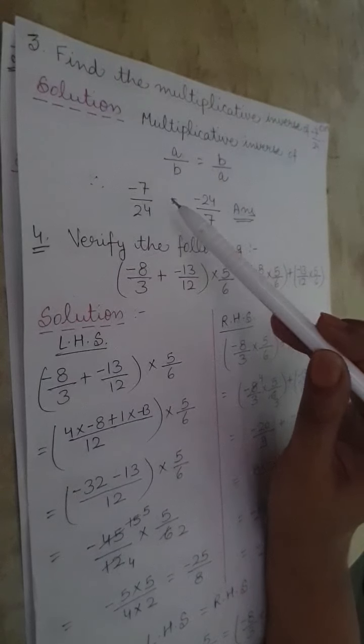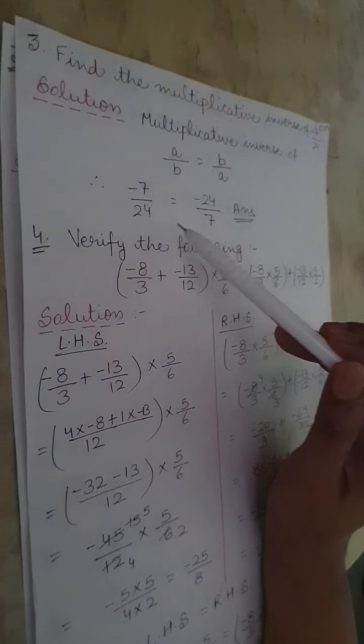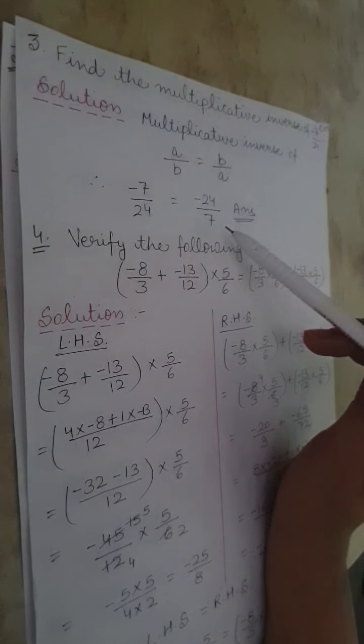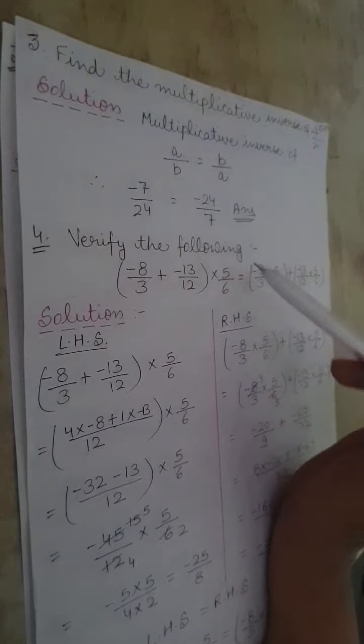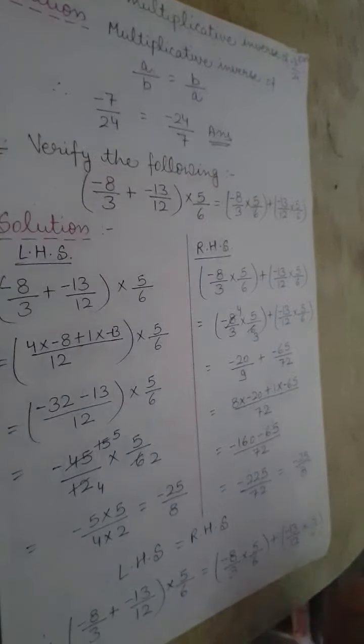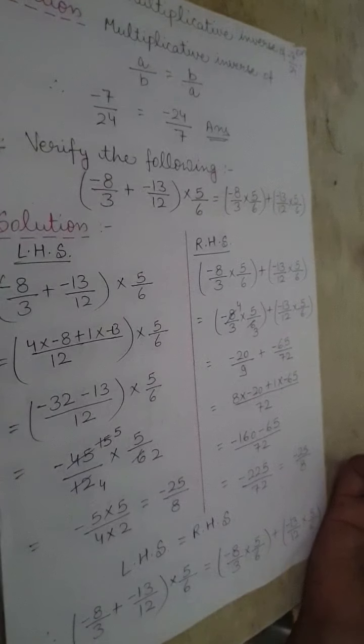Here we are taking -7 upon 24. What will be the reciprocal? The reciprocal will be -24 upon 7, and the answer is this. I think you are now able to verify and find the product and multiplicative inverse.